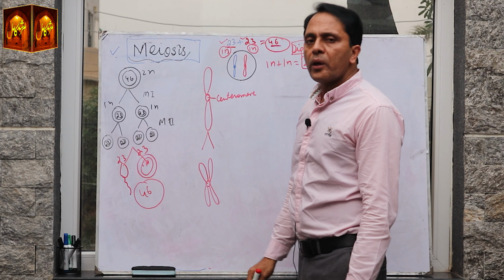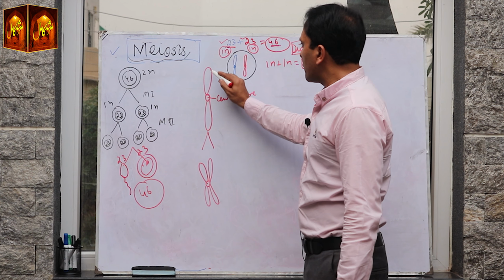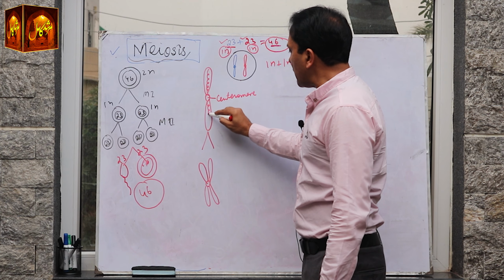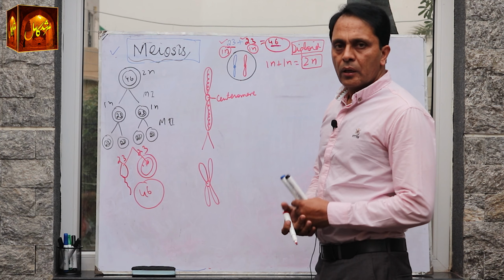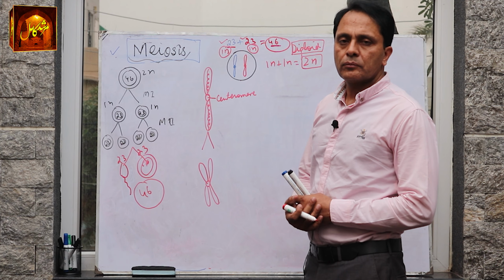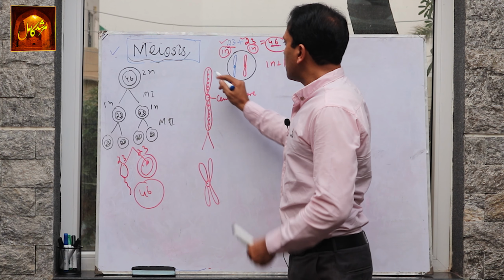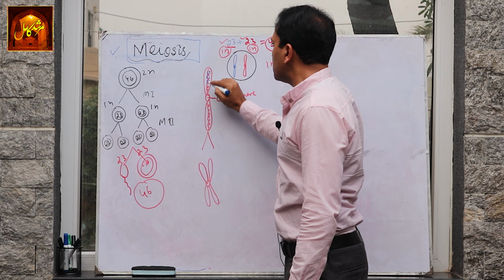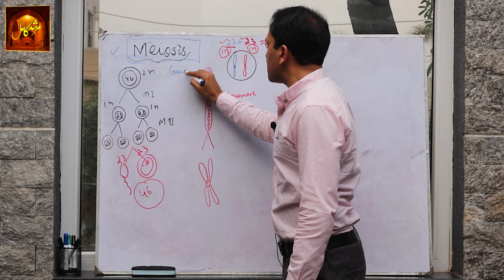Why do we now have two different chromatids? The reason is that this chromatid contains a specific amount of DNA in it. Every chromosome is made up of DNA, and there are certain positions on this chromosome called gene loci.